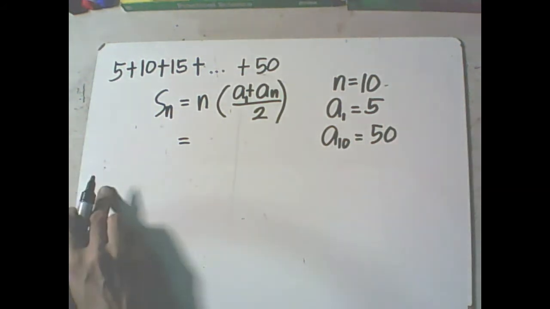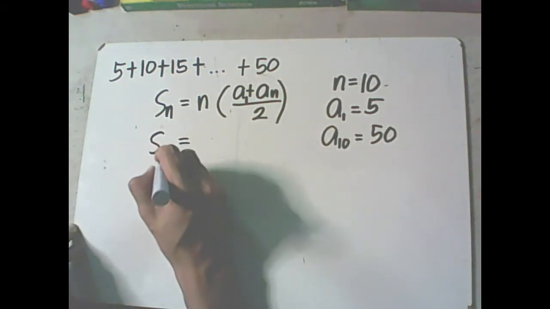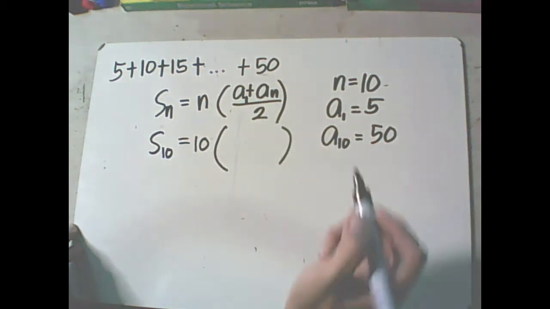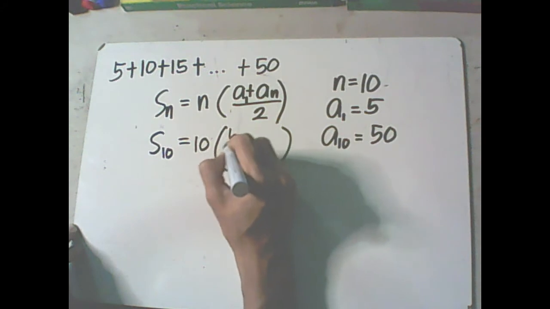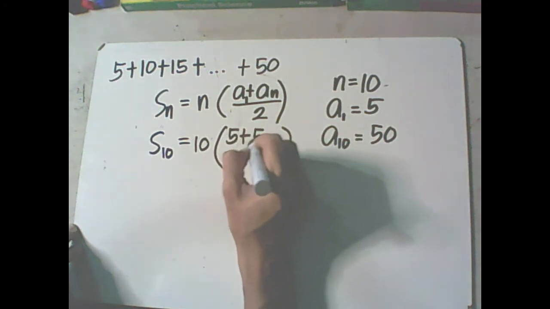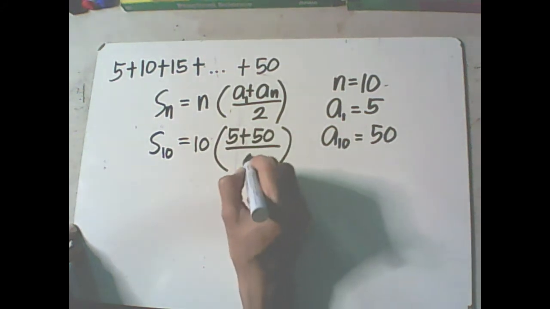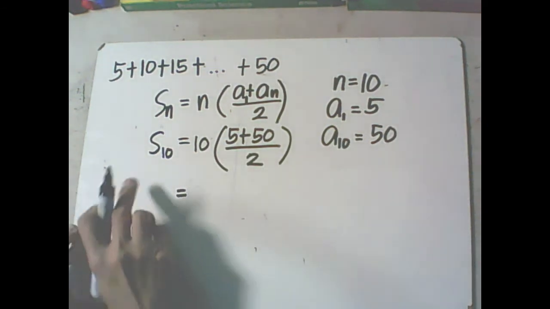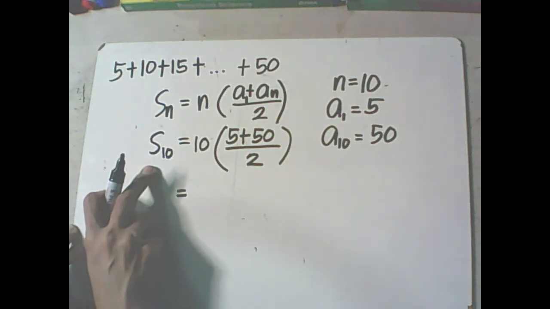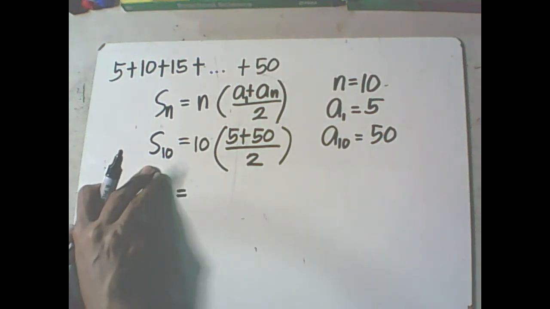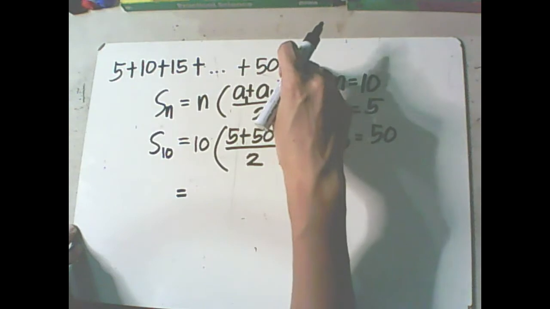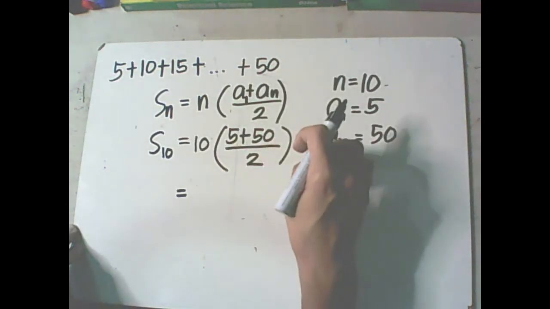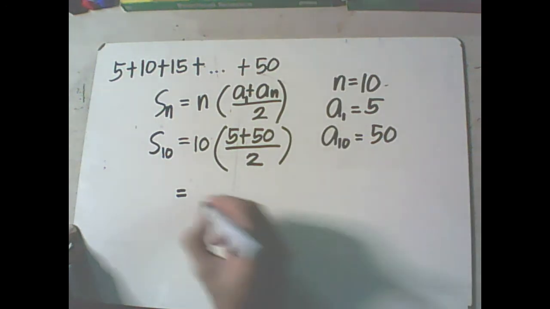So using this equation, we now have S sub 10 is equal to 10 times the quantity of 5 plus 50 all over 2.